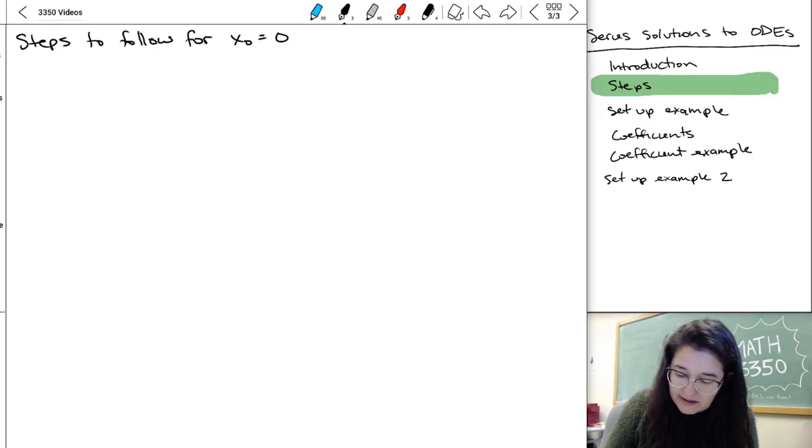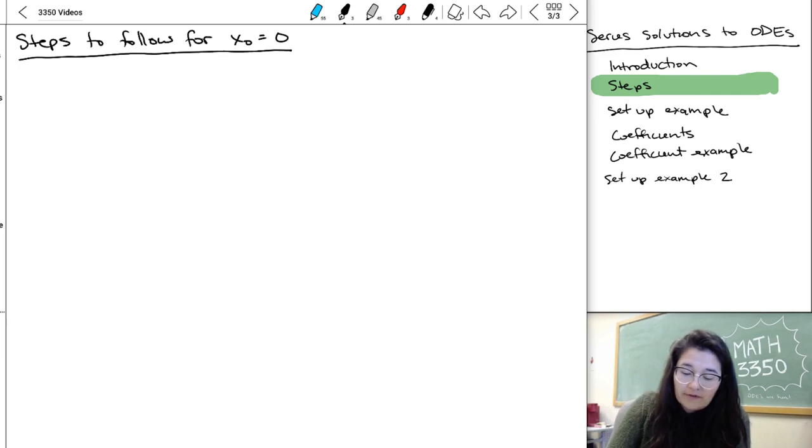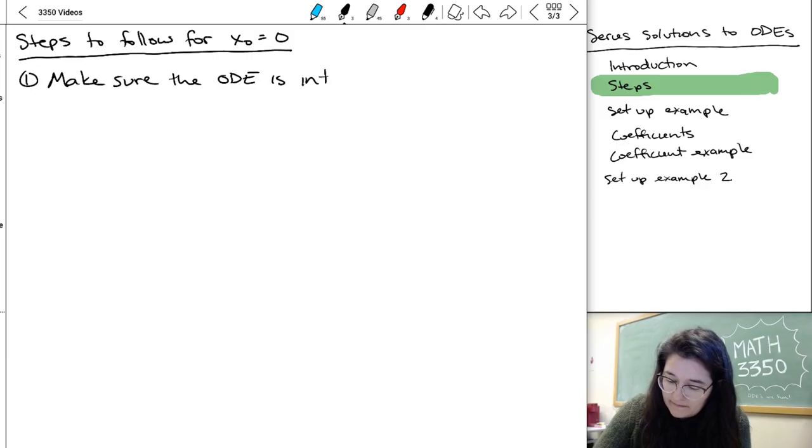So these are going to be our steps we follow, and we're assuming that x0 is 0. So first thing you need to do is make sure the ODE is in the correct form, where you have y double prime with nothing in front of it, plus p times y prime, plus q times y equal to 0.